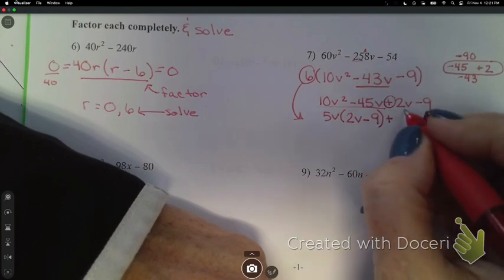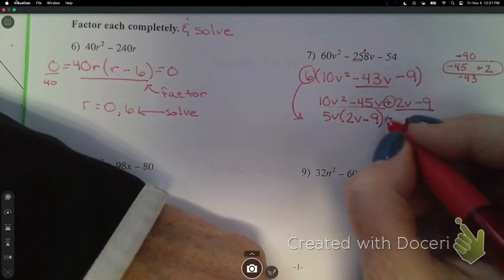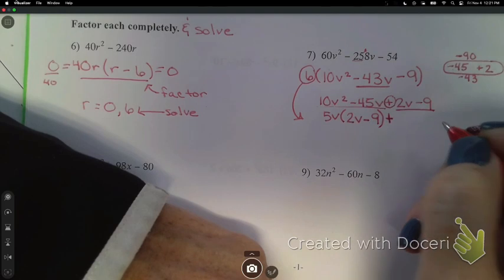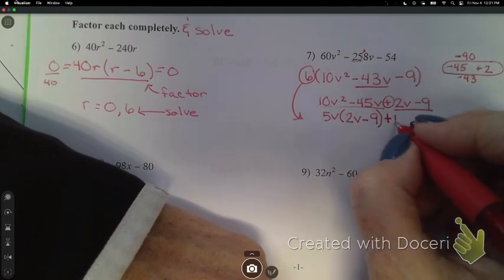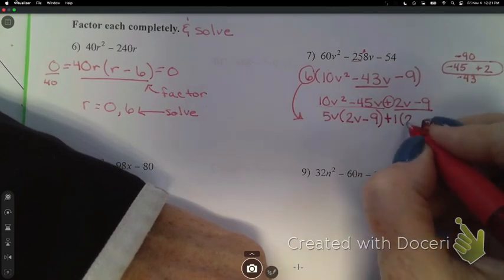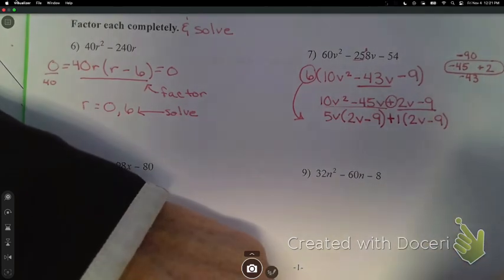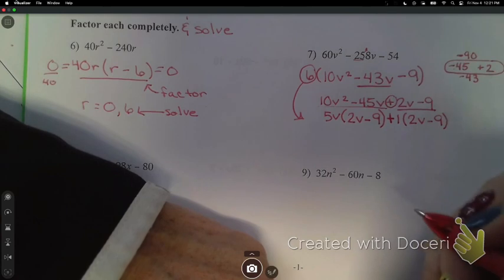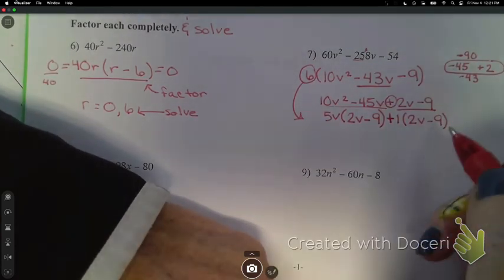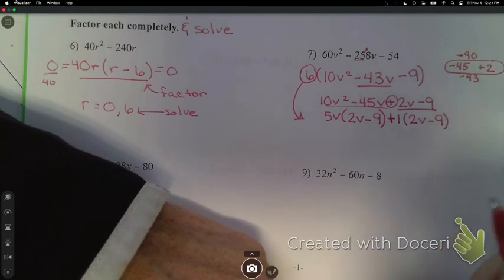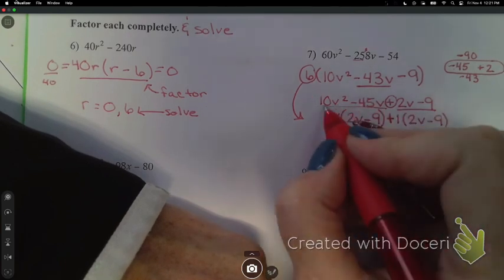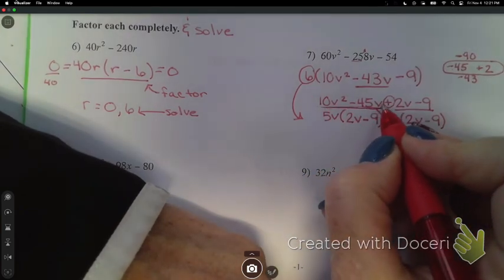And what do these next two things have in common? Nothing, well, it's always a 1. So did I do this right? What about the 6? It's going to come down to my answer. That's why I circled it and put an arrow. Just, did I do it right? How do I know? Brandon, how did you get the 5v? I factored out these two.